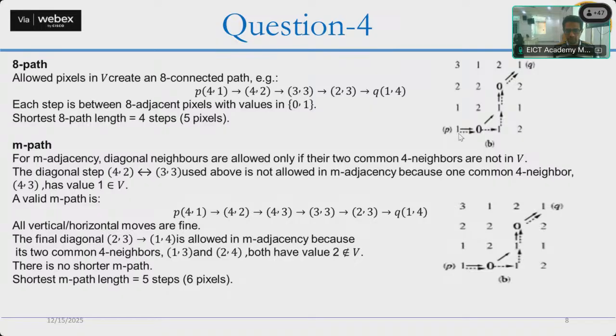This is the value whose row is 4 and column is 1. The second element has row 4 and column 2. This way we have defined the path. At this point 4, 1, your P pixel is there, and at this position, your Q pixel is there.